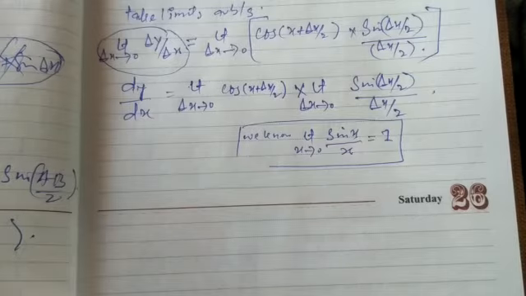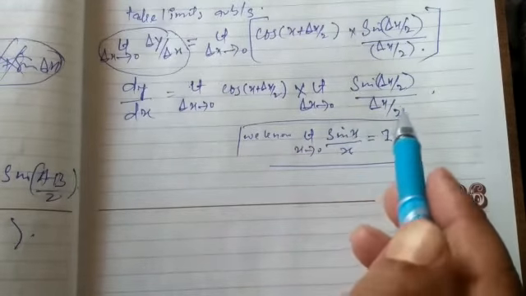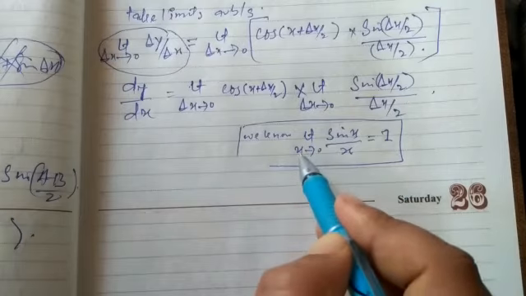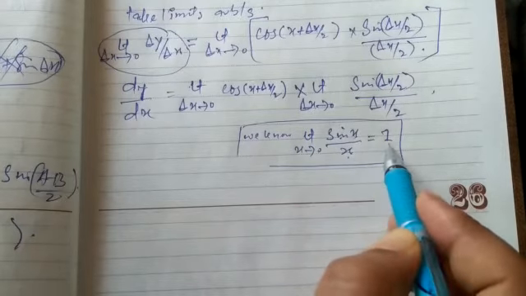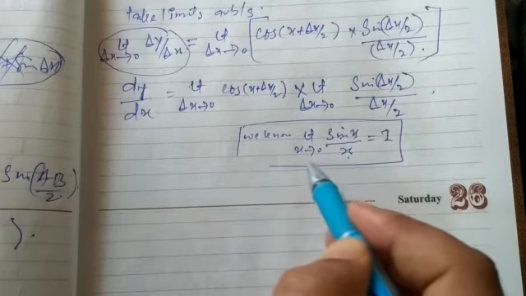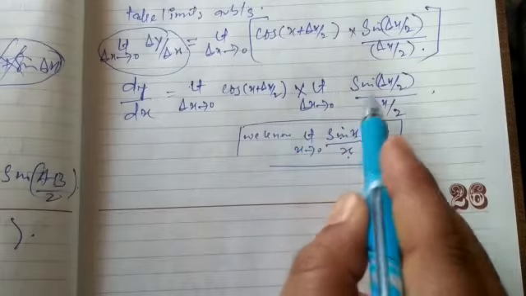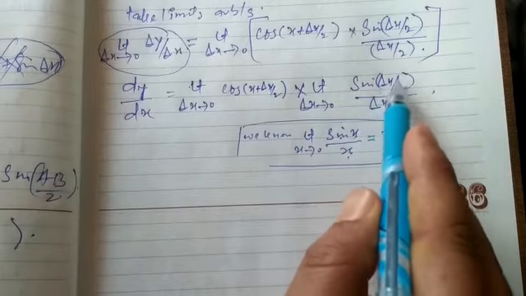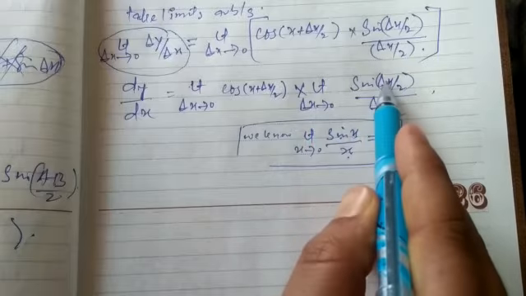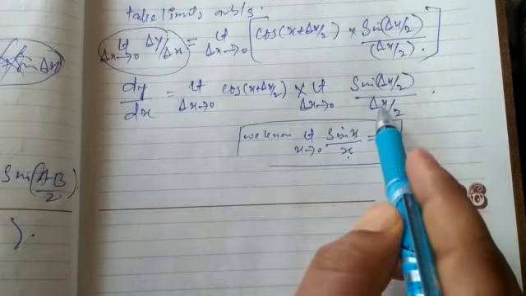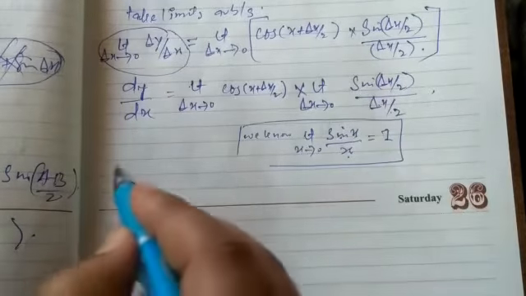If I put 0 directly, it will be sine 0 by 0, but the limit as x tends to 0 of sine x by x equals 1. Here it is delta x by 2. Whatever is in the theta is the same in the division. If you put 0 here, it will be 0 by 2, that is 0, so this resembles the standard limit.